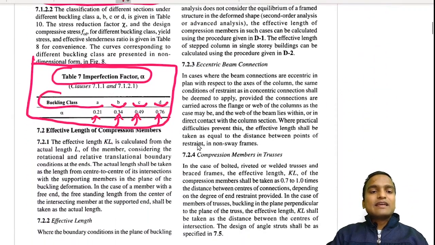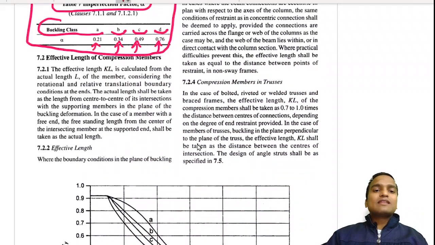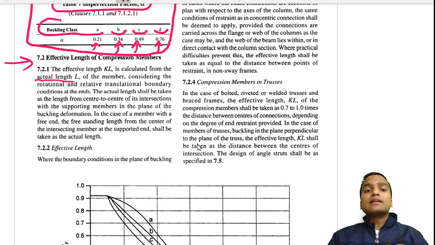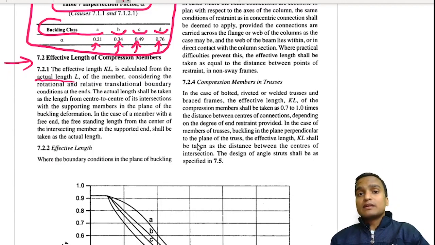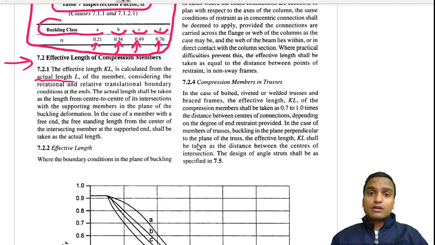So let us see what are these effective length of compression members. So it is given here also in this code 7.2 clause, and it is said that effective length is calculated from the actual length only, and considering the rotational and relative translational boundary. So see, what is rotational? Rotational means the degree of freedom in which the member can rotate, and translational means the degree of freedom in which the member can translate from one position to other position, all right.